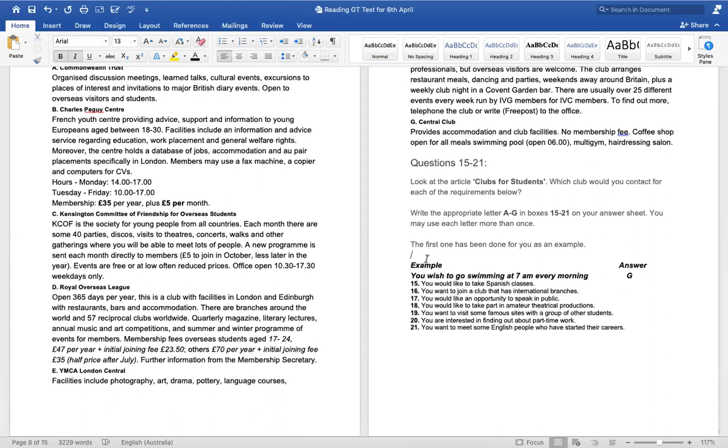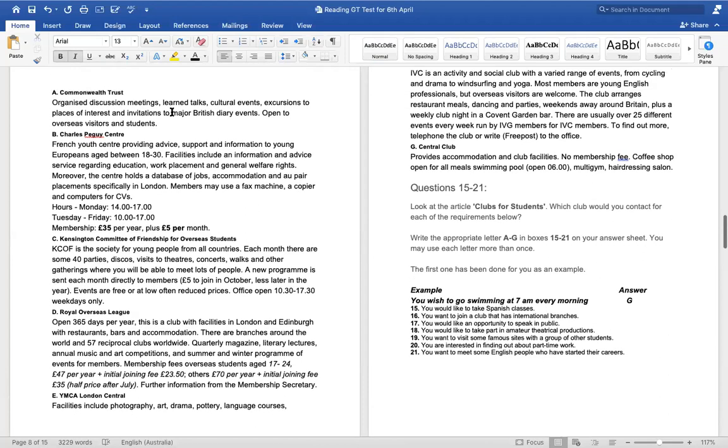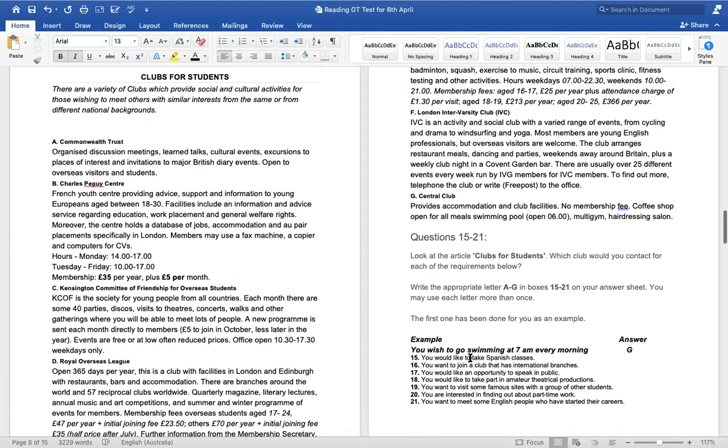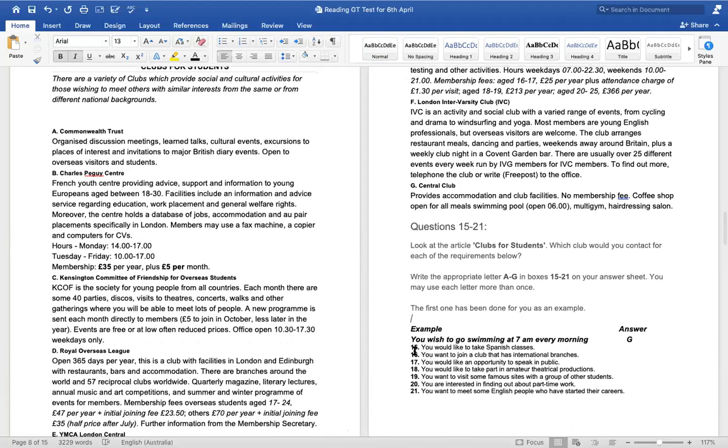So if you look at the first one, you wish to go swimming at 7 a.m. every morning. This passage also has headings, but I don't think there's any heading that you can compare with the question sentences here. So I think we have to go scanning for the information.